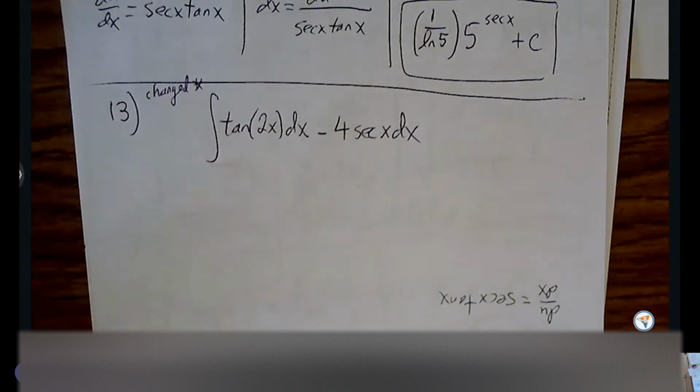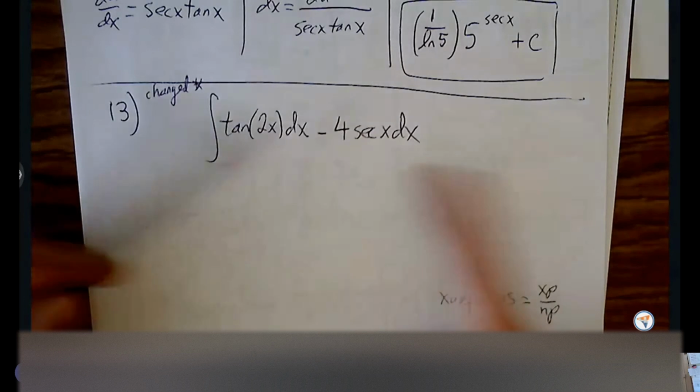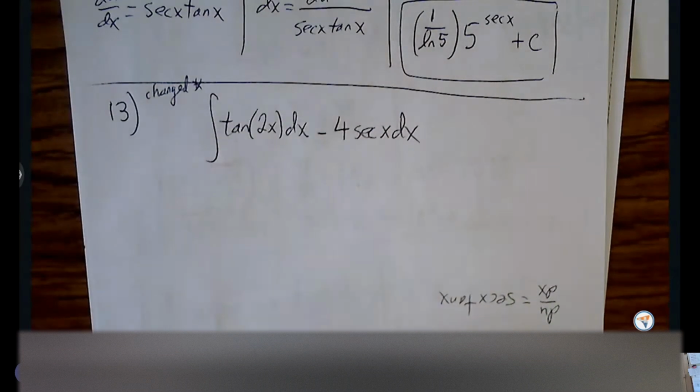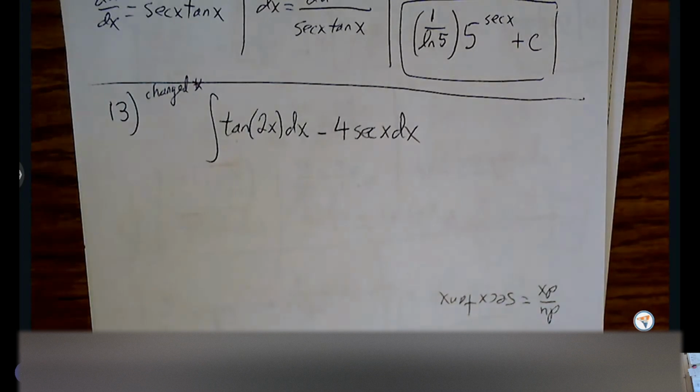Now, the nice thing about this problem is you look at this and you're saying, well, the tangent and secant are clearly separated, so I can just look at the rules. They're not divided by one another. I can treat them like separate rules, and I can just find my match. So we don't have to necessarily look at an overall u-value that will fit into this. We can treat them like two separate problems. So that's nice.